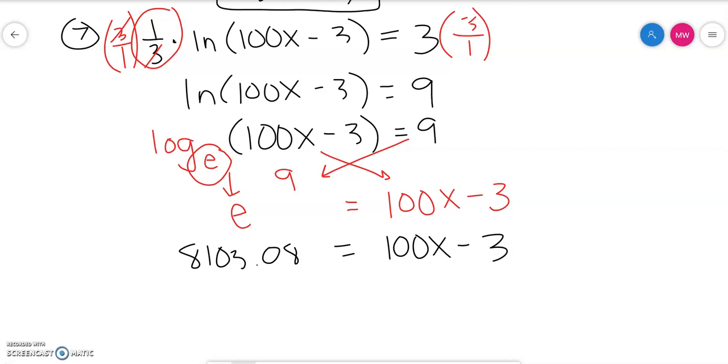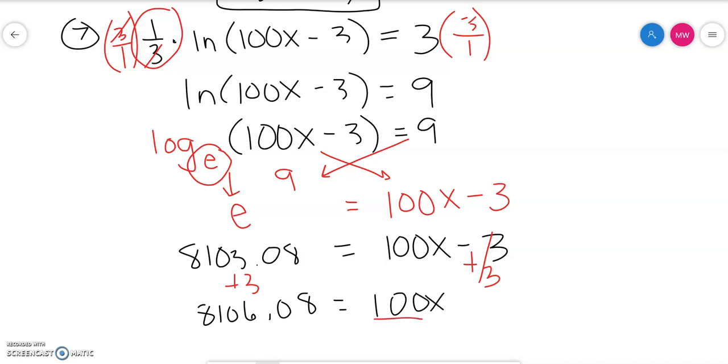And we just want to get x by itself here. So we are going to look over here and I see minus 3. We're going to have to add 3 to both sides. So that'll make this 8106.08 equals 100x. And then last, to get x by itself, we can just divide both sides by 100.